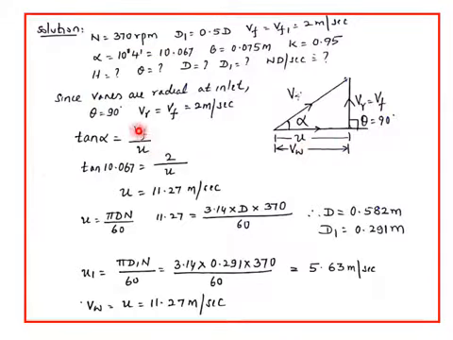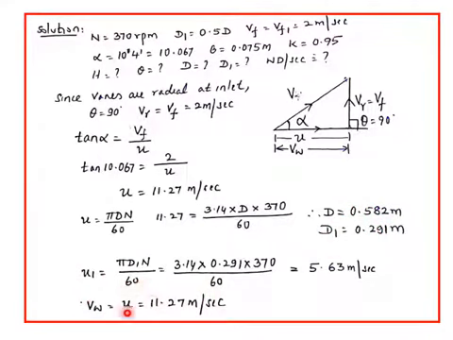Since Vf is known, which is 2, and alpha is known, 10.067, u can be calculated. Using u, you can calculate D, because u is pi D N by 60. Knowing N and u, we can calculate D, and D1 is 0.5 times D, therefore 0.291, and hence knowing D1 we can calculate u1.